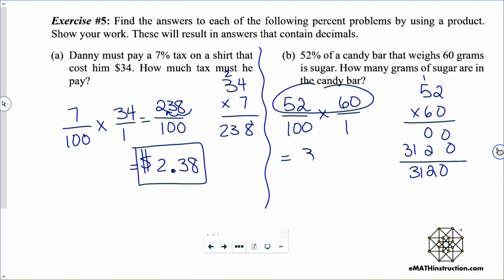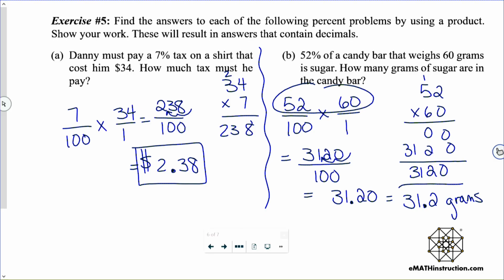So that means I'm going to have 3,120 divided by 100. And the great thing again is that the division by 100 is so easy. That gives me 31.20. I don't need that last 0, so I'm going to leave it off. 31.2 grams of sugar.